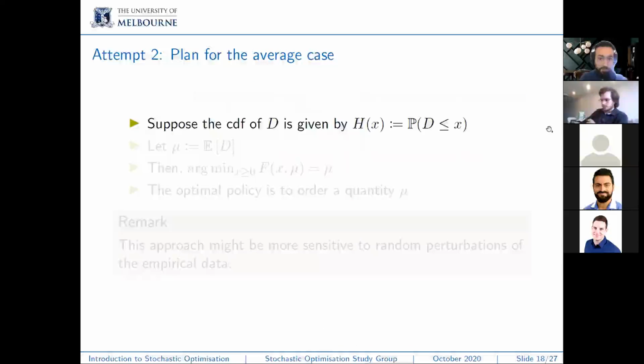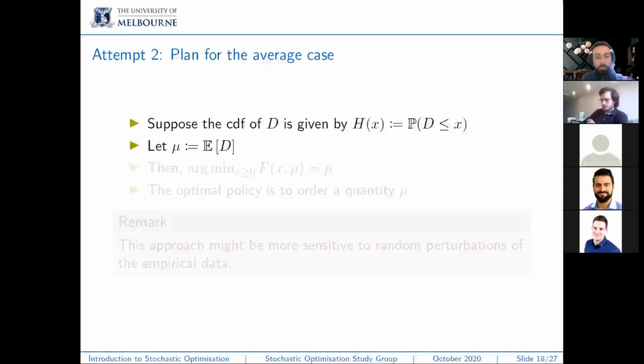So there are attempts that you could make. One would be to plan for the average case, in the sense that, let's suppose the CDF of D is given by some H(x), which is the probability of D being less than or equal to x. And we denote mu as the mean value of this random demand D. So now one attempt is to think, I'm going to plan to always buy the average of the demand.